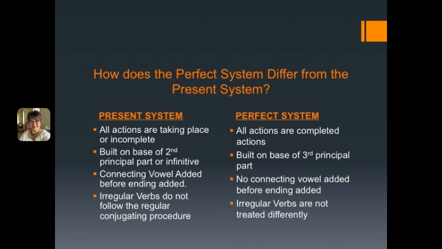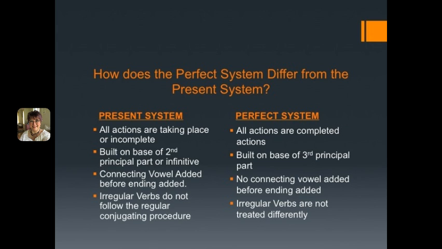In the present system, we learned that all actions are currently taking place or are incomplete. In the perfect system, all of the actions that we are reading about have already been completed. One of the big differences between the present system and the perfect system, and the way that you will be able to distinguish between a perfect, pluperfect, or future perfect tense verb, is by looking at the base that is built on.